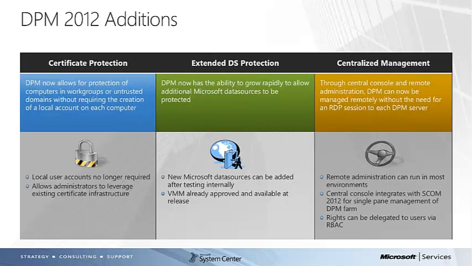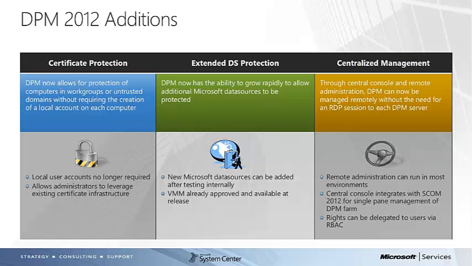Some of the additions that came with DPM 2012 is that we have enabled users to be able to protect computers using certificates versus just using the users. This is primarily aimed at workgroup or untrusted domains, where we formerly had to create a local user on the machines. Now we can do this using a certificate-based system.